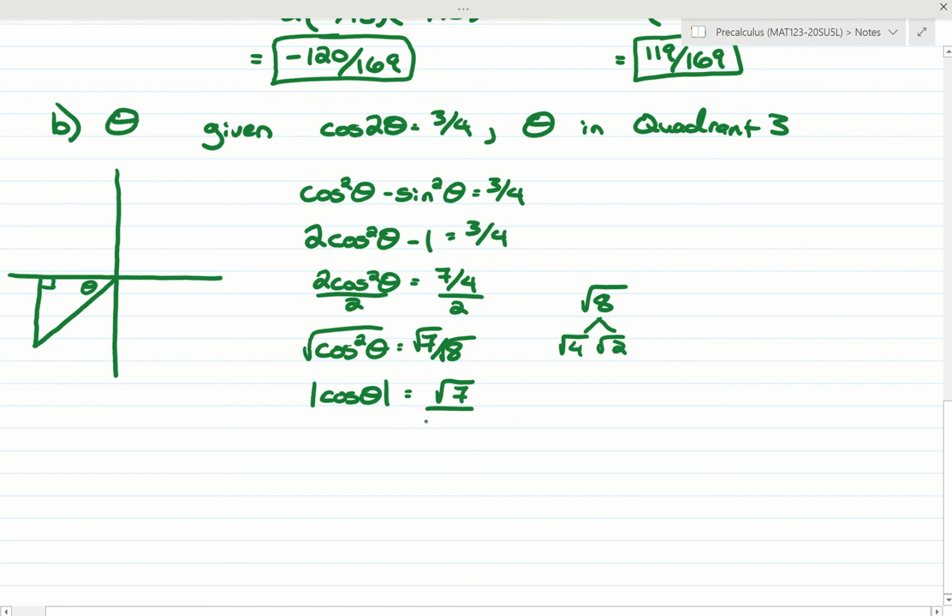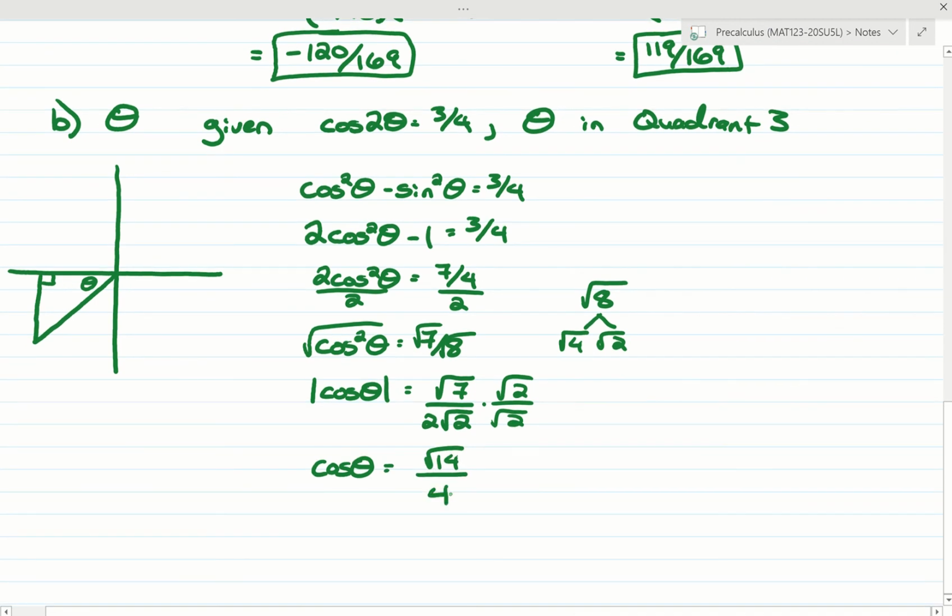So it reduces to 2 root 2. Rationalized would tell us that the cosine of theta is equal to the square root of 14 over 2 times the square root of 4, or 2 times 2. And this would be plus or minus.